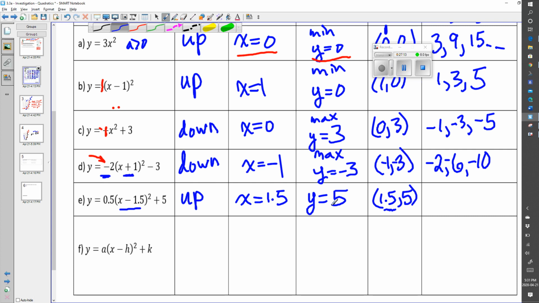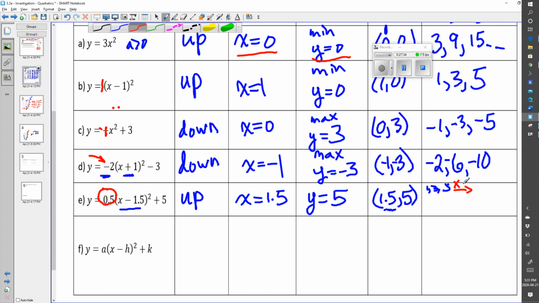Now, the steps. Remember, the original steps of the parabola opening up were 1, 3, and 5, right? Now, see this 0.5? This is how you know. This is what you do. Take the 0.5 and multiply by everything in here.